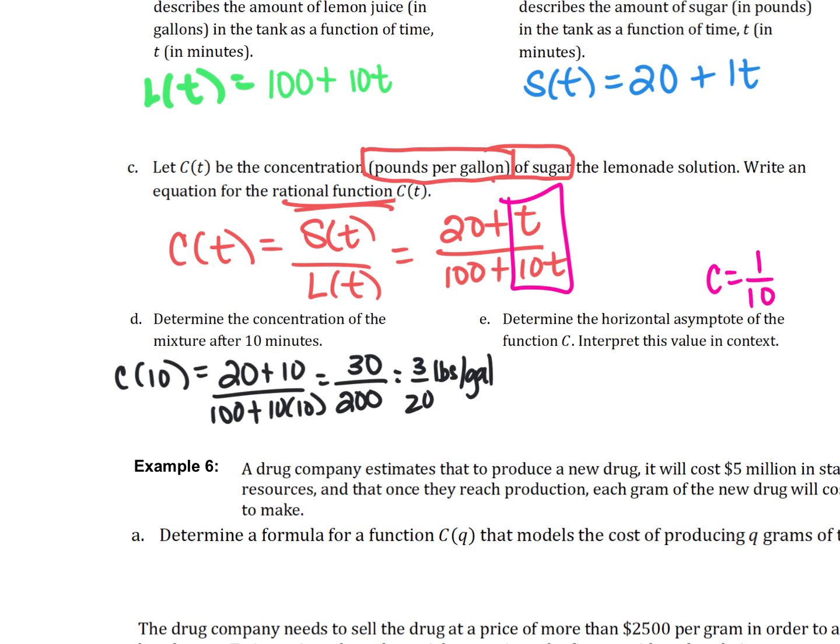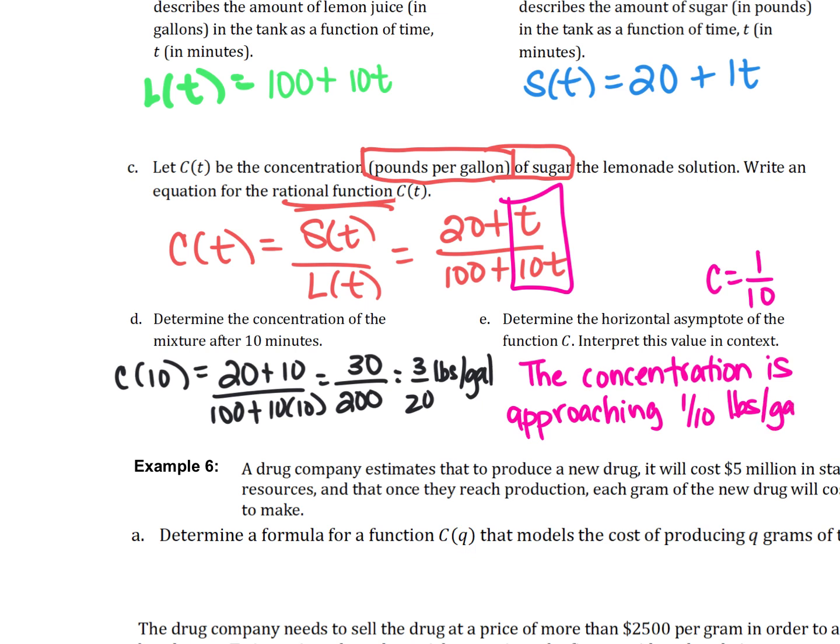Okay, what does that mean? All right, what does that mean? The concentration will never be one. Yeah, the concentration is approaching 1/10 pounds per gallon.